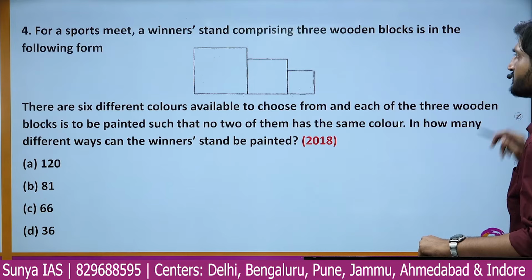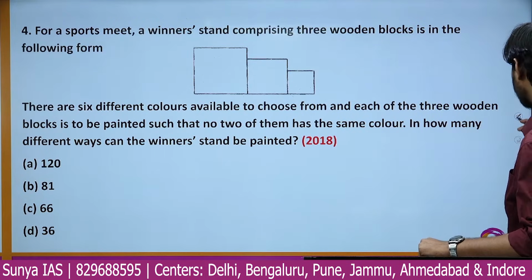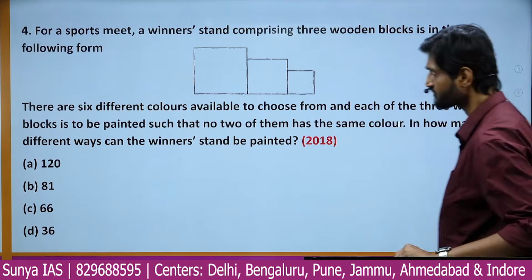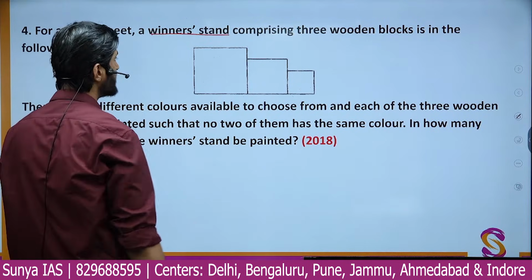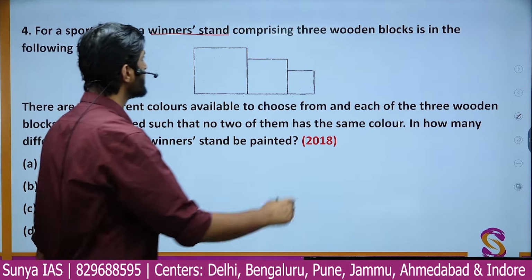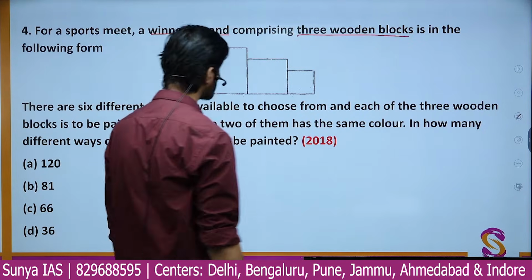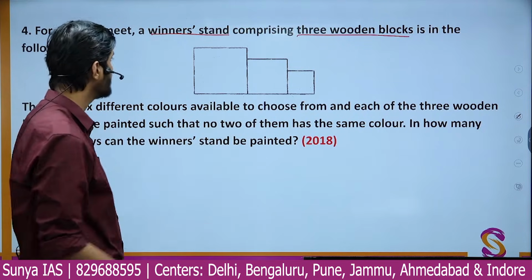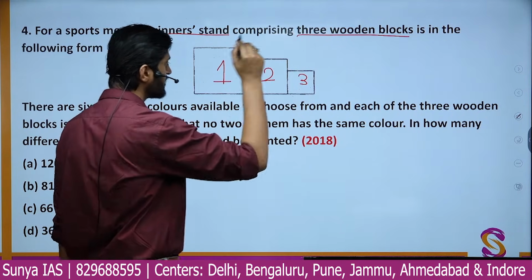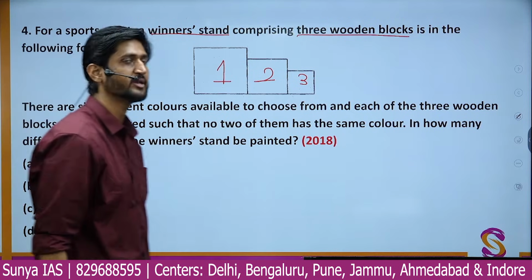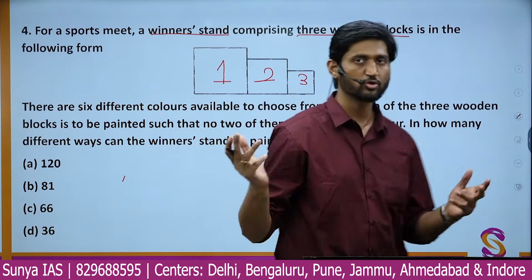So same idea. Now this is one more question. It says that for a sports meet, a winner stand has to be created, and the winner stand should have 3 wooden blocks as shown here. So you know this is a winner stand. This is the position for the first player, for the second one, and for the third one. This is the way you might have seen it on television or in cartoons or somewhere else.